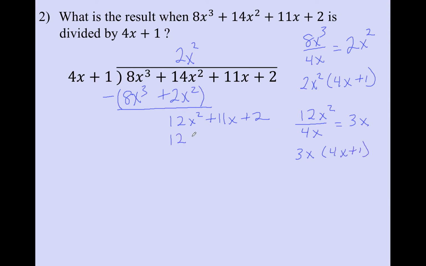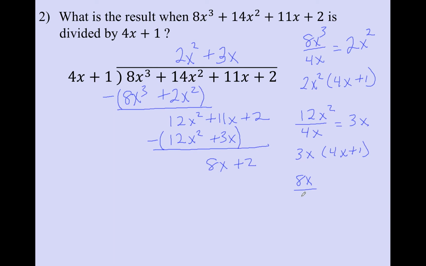That becomes 12x squared plus 3x. Draw our line, parentheses, subtract. This is going to cancel. 11x minus 3x is 8x plus 2. I'm going to write this in up here. Sorry about that. 3x.